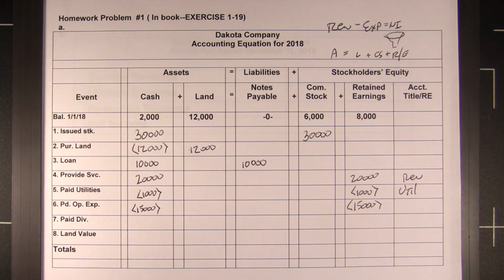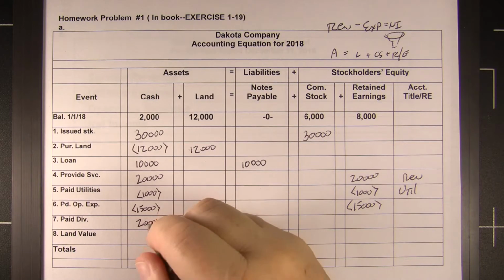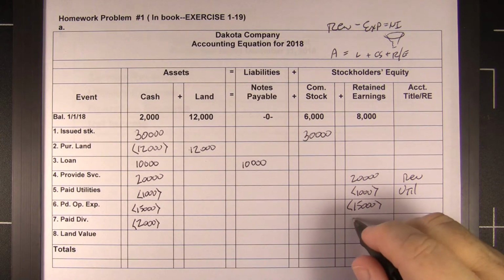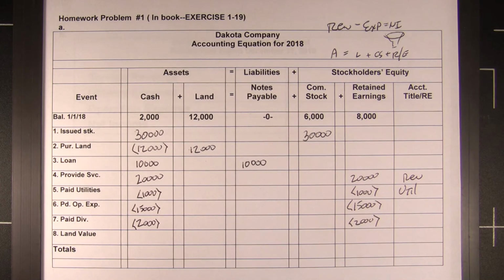Dividends are when you're giving some of the money back to the owners of the corporation. You're sharing it. You're divvying up the income. So you gave them $2,000. So your cash went out, and your company is now worth $2,000 less because you gave the money back to your owners.